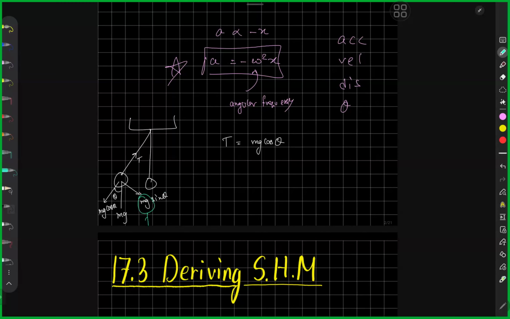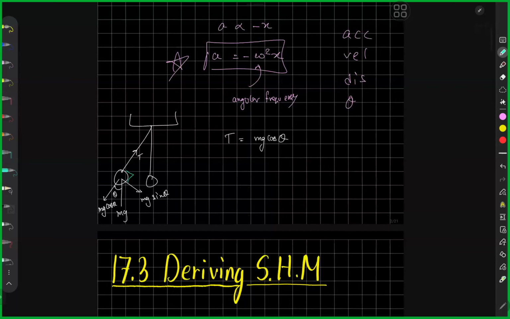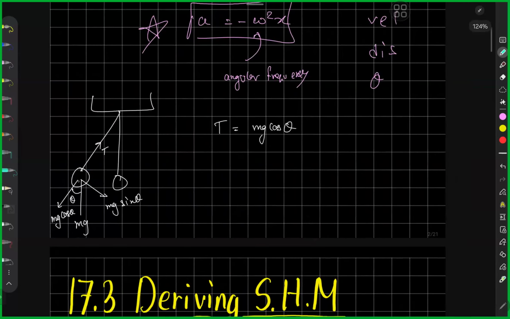So you're right, due to gravity. If I break mg down into two components, one in the direction of the string, the other perpendicular to the string, this is why the bob moves towards the equilibrium. So which direction does this force point towards? Towards the equilibrium. If I draw again, over here, over here, the direction of mg sin theta has now changed.